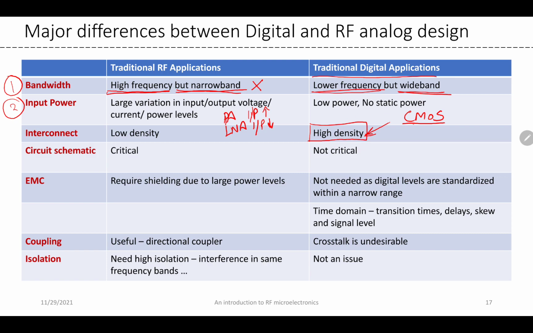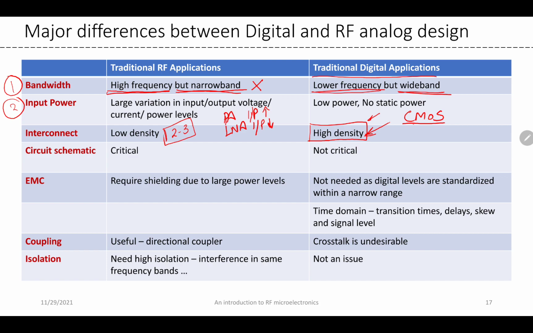The density goes as high as 7 or 8 layers of metal. But for RF applications, you'll barely need 2 or 3, in very complex designs. If it's a very simple design, you can work with one metal layer, and that should be sufficient.